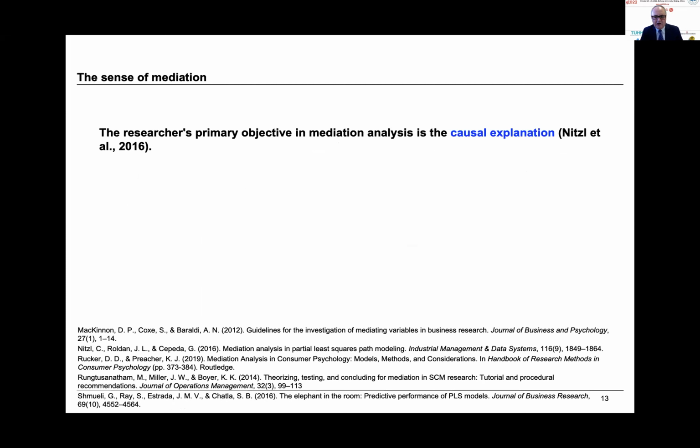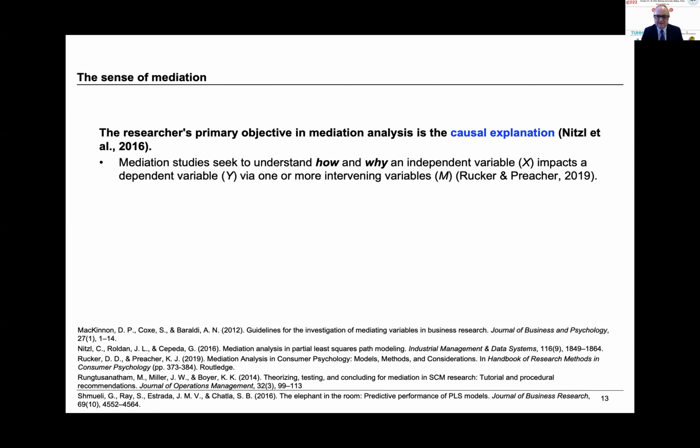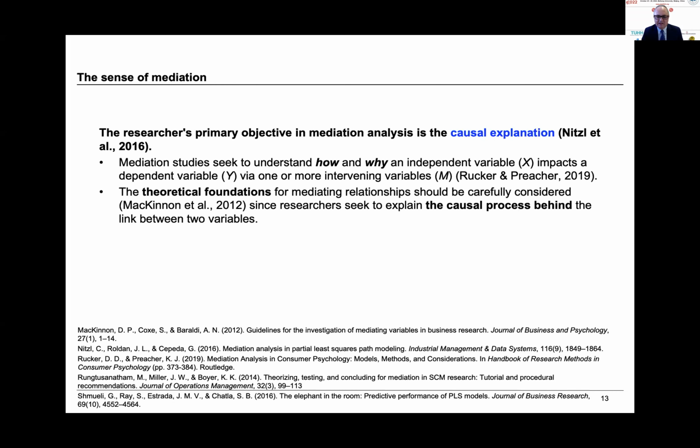The research's primary objective in mediation analysis is causal explanation. Mediation studies seek to understand how and why an independent variable impacts a dependent variable via one or more intervening variables. In this regard, the theoretical foundation for mediating relationships should be carefully considered, since researchers seek to explain the causal process behind the link between two variables.